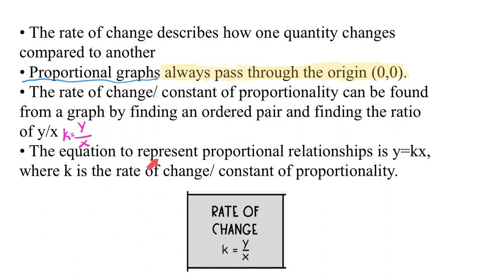The equation to represent a proportional relationship is y equals kx. That means y equals k times x, where k is the rate of change or constant of proportionality.